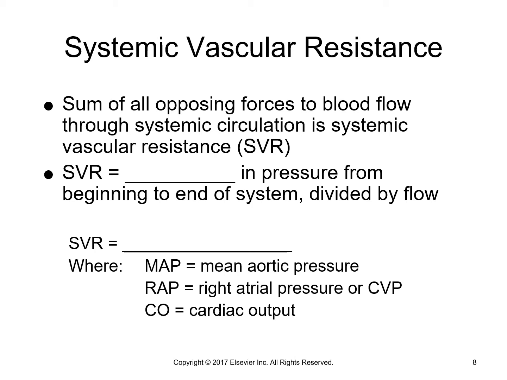And that's usually the unit that they're going to use. So a normal SVR in dynes is going to be 800 to 1200. You'll see that in the book in Egan's. You also see it in Wilkins. So remember that conversion.